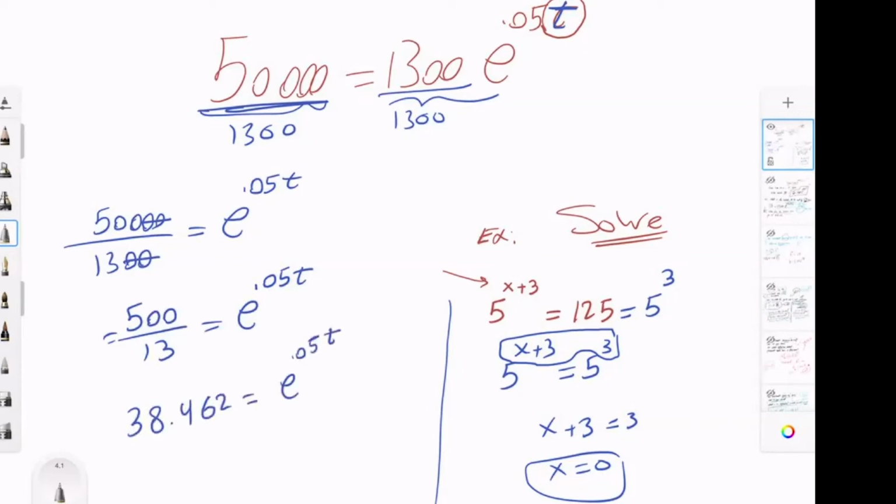In this homework, they said approximate. I don't know why there is a question like this in the homework, but to approximate, you can say t equals like 80. I just randomly picked 80. If I put 80 here, what is e to the power 0.05 times 80? Is it approximately equal to 38.46?